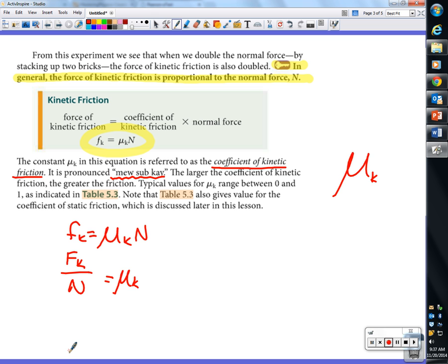And if I remember correctly, you should end up with that. Anybody actually put it through? I got 0.2. All right.